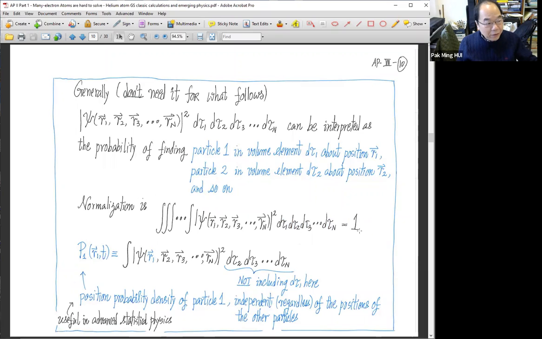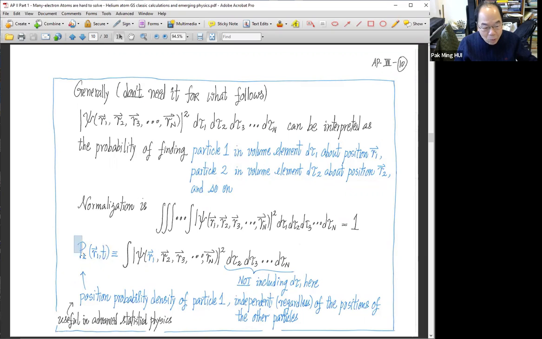Now, an interesting thing here is, how about we integrate over all volumes of particles but one? That is to say, we integrate over, for example, particle number 2, 3, all the way to n, but not integrating particle number 1's coordinates. So after you do all this integration, this is a function of R1. In general, if this is a wave function that is a function of t, we still have a function of t as well.